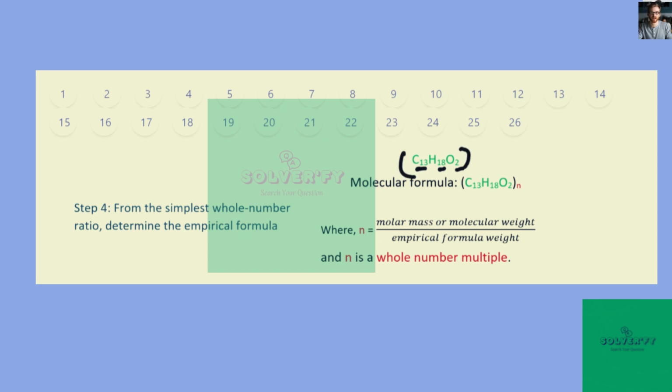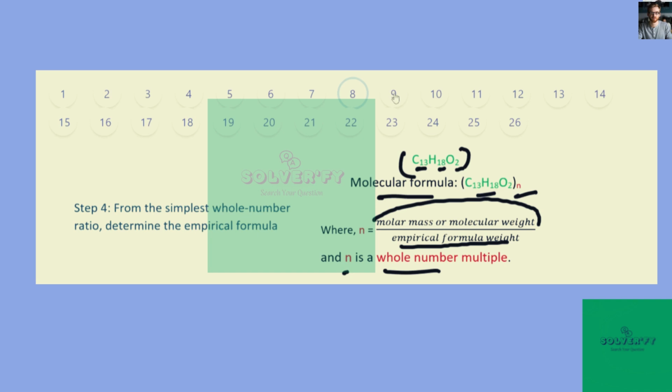Now from this empirical formula, to find out the molecular formula, we will put this n outside a round bracket around this empirical formula, where this n is the molar mass or the molecular weight of the substance over its empirical formula weight. And here n is also a whole number multiple, so if we find a fractional value we'll have to convert that to the nearest whole number.